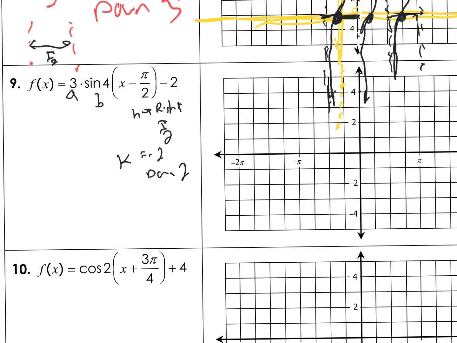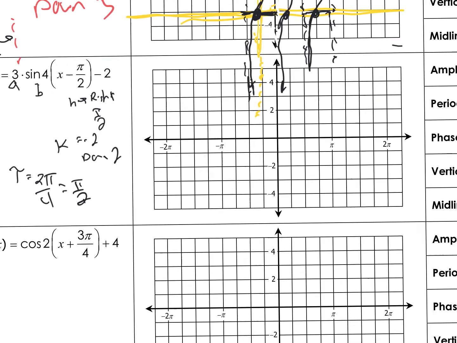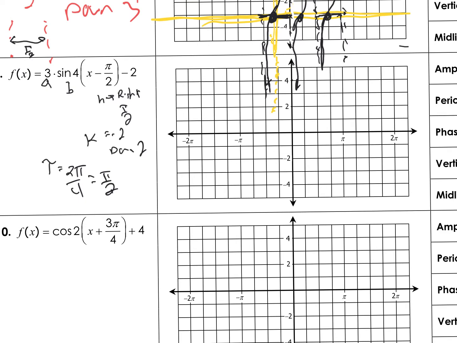So let me do my math here. My period is 2 pi divided by 4, which is pi over 2. So it takes from vertical asymptotes a distance of pi over 2. And so let me do blue as my new pretend axes.